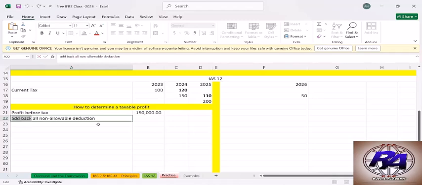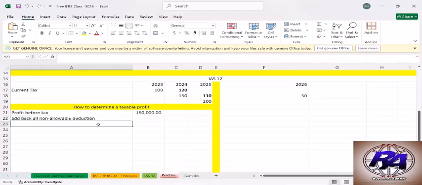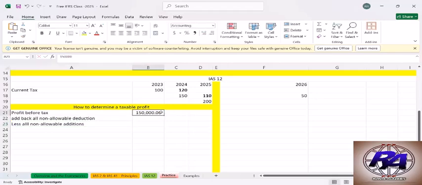Then we deduct all non-allowable additions. So this figure here includes, let's say, dividends for the period.